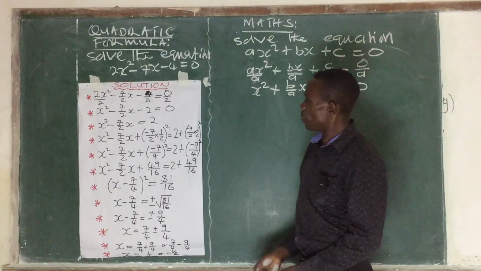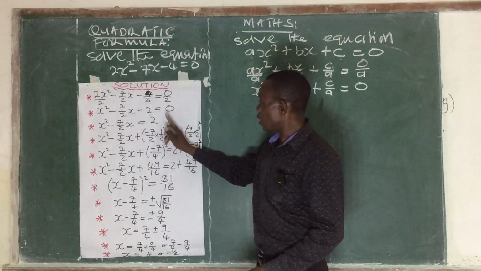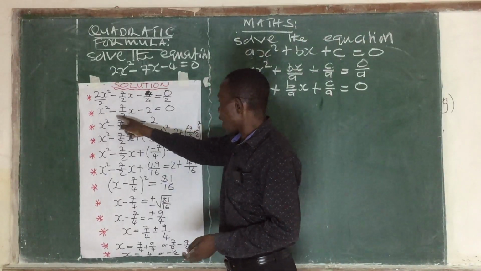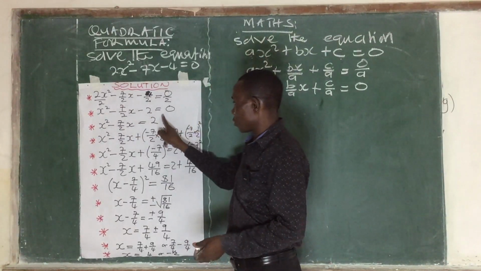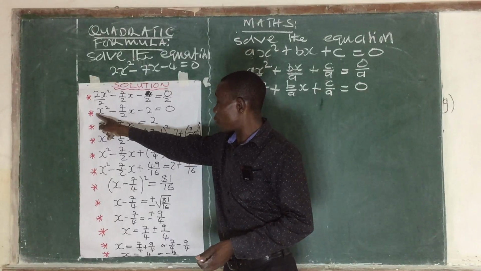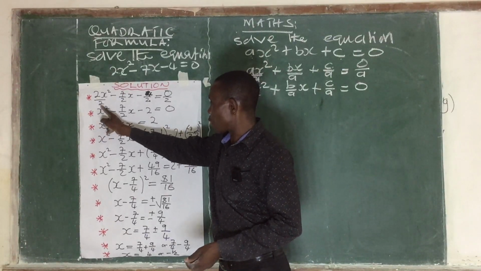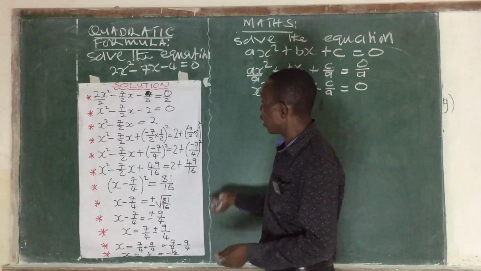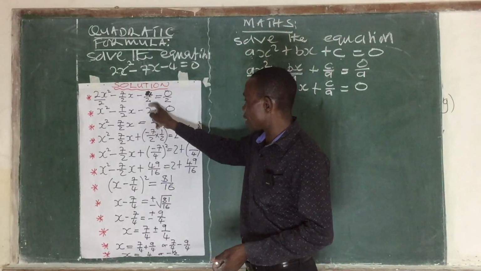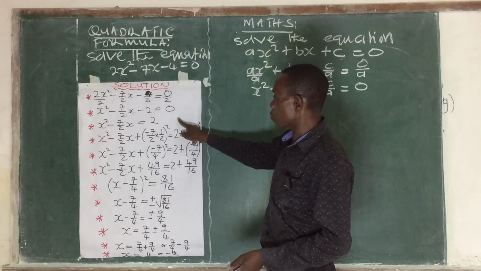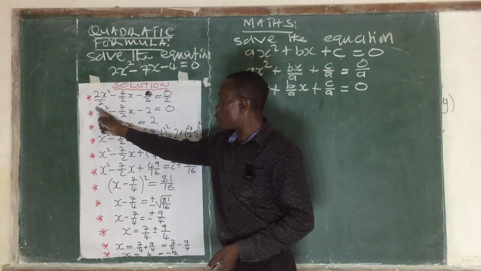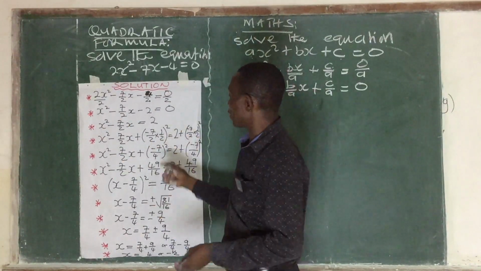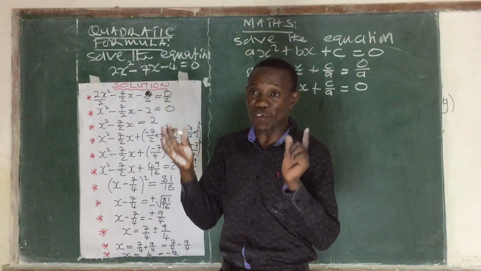Stage number 2, after dividing by 2, we obtain an equation without the 2 being the coefficient of the x squared. The next step is transferring the constant number to the right hand side, so that you remain with the 2-termed quadratic expression on the left hand side, the aim of which, I think you remember, is to make it a perfect square.